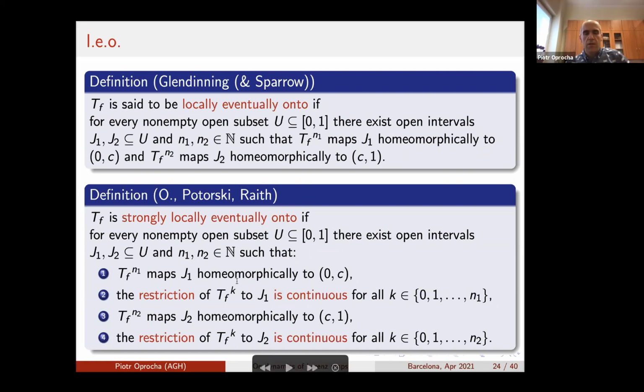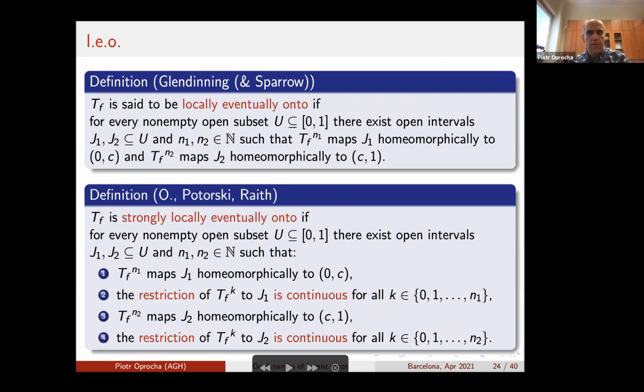So when we iterate this J, in each iteration we want the map to be continuous, not only at the end, because what can happen is that you have your interval, then you iterate it, then it breaks into two pieces, they travel independently somehow, and then they glue properly again, and you get your homeomorphism.